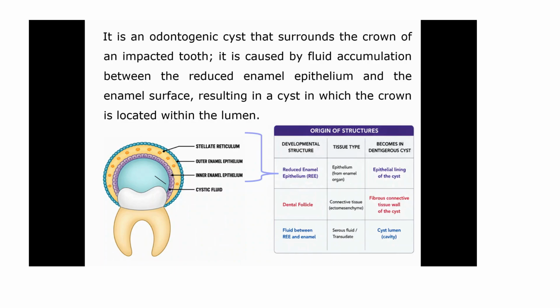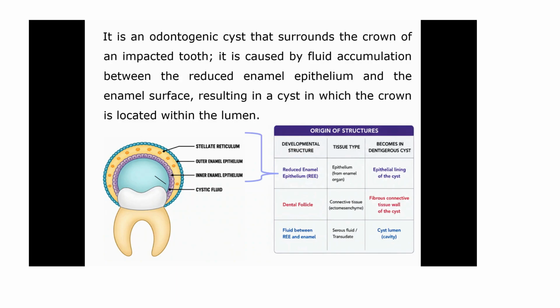So now I've put a small chart just so that it eases your understanding of what structures form what part of the dentigerous cyst. For example, reduced enamel epithelium, which is epithelial in origin, is going to form the epithelial lining of the cyst. It is a true cyst, so it is going to have an epithelial lining.